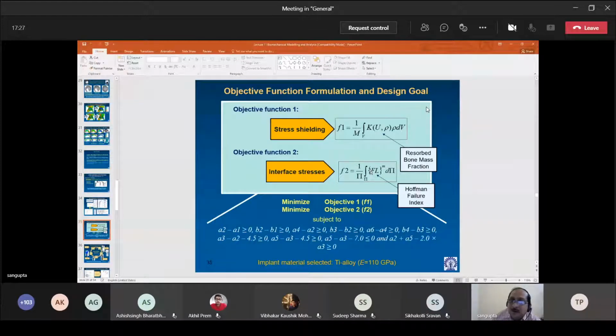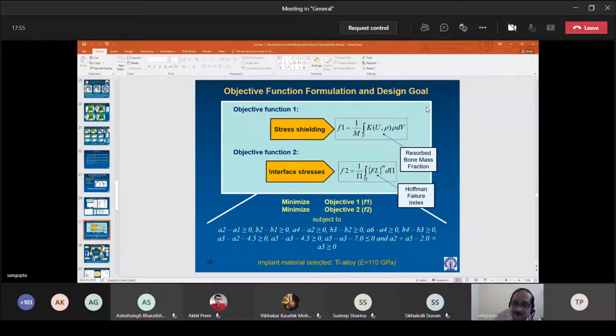So a mathematical function was defined where the resorbed bone mass fraction could be estimated. Okay. So this will be calculated in each iteration and then assessed continuously. The other objective function is interface stresses.